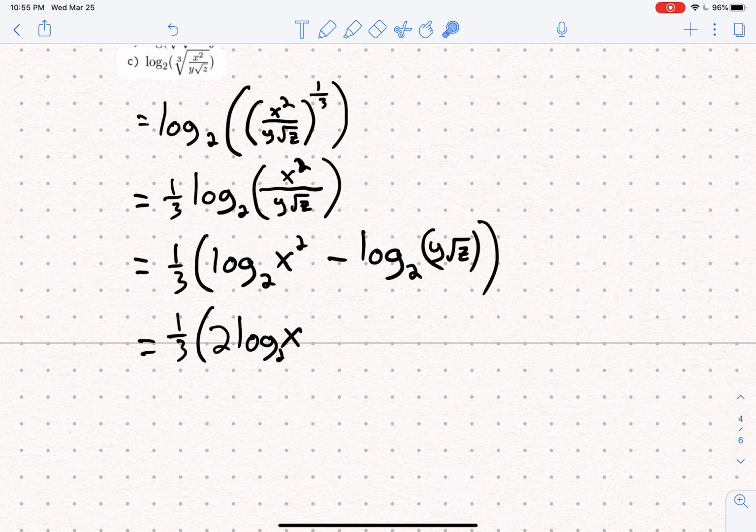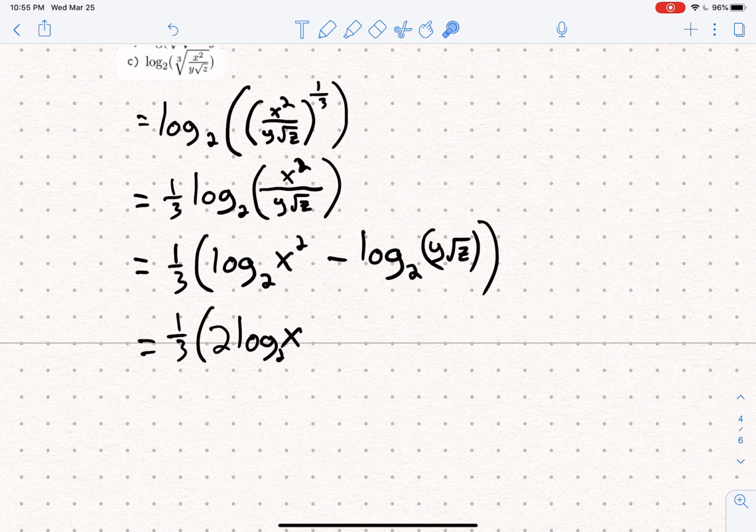let's see, for the next part we have to be a little careful. This minus in front of the log, well, I want to split this log up because the y and the radical z are connected by multiplication. And so we can split that up so that there is an addition sign in between there. We can split it up into the log in base 2 of y plus the log in base 2 of radical z.